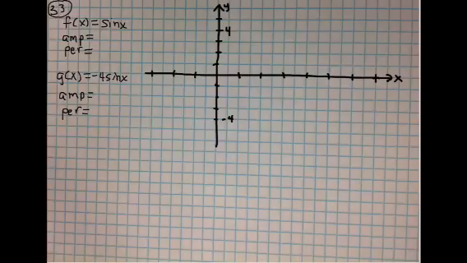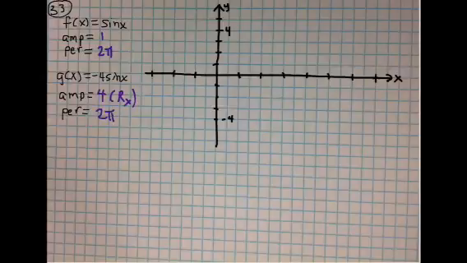Alright, so 33, from this point on, we're going to be graphing the functions. So f of x is sine x, the amplitude is 1, the period is 2 pi. And for g of x, the amplitude is 4, but there is a reflection over the x-axis, and the period is 2 pi.